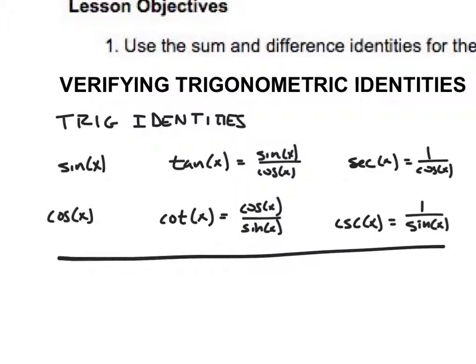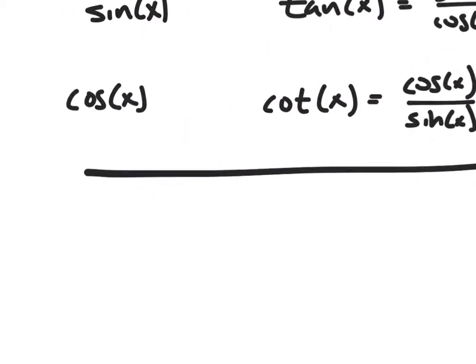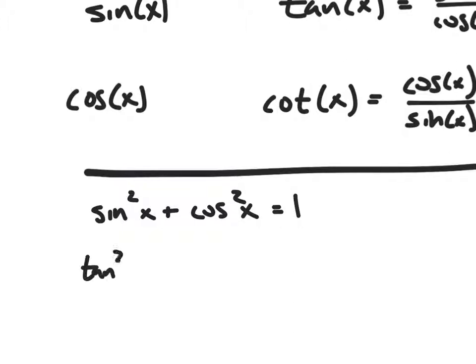The other thing that we have is our Pythagorean identities, okay? So we're kind of writing stuff we've written before. Sine squared of x plus cosine squared x is equal to 1. The others are tangent squared x plus 1 is equal to secant squared x.